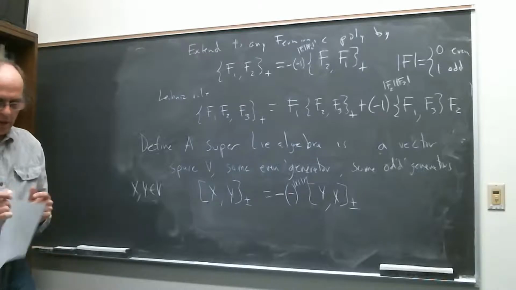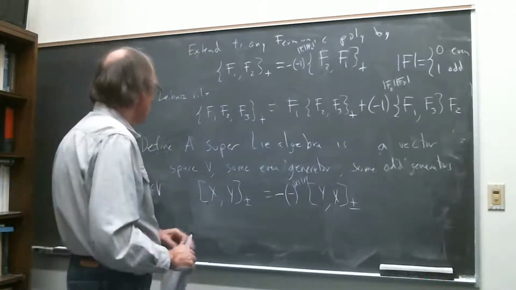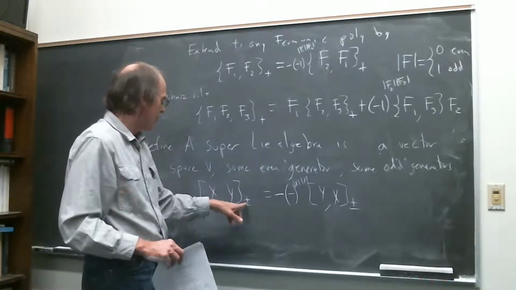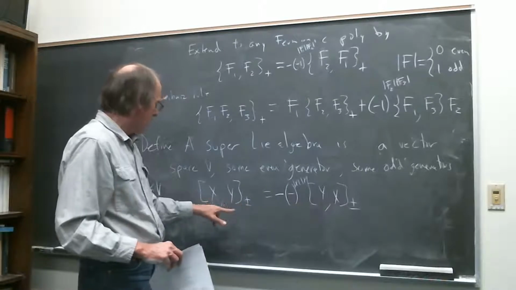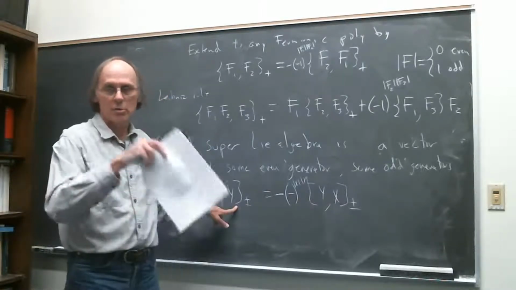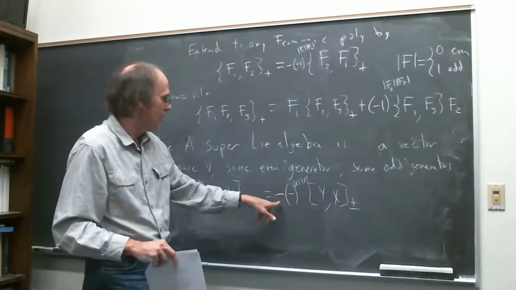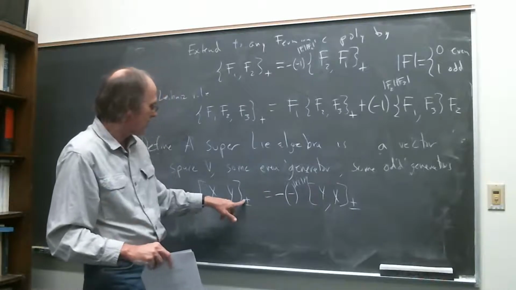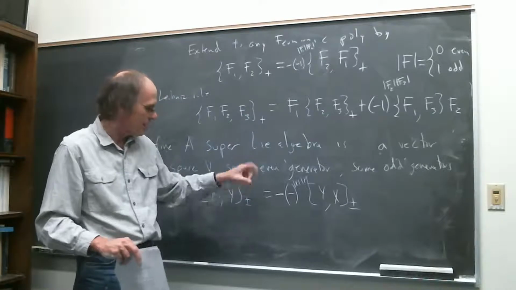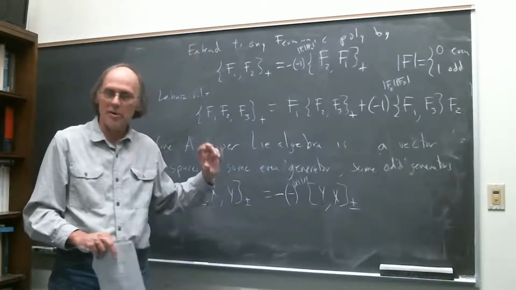And then we use the subscript plus or minus for the bracket. The plus or minus is just notation saying it's a bracket not in a Lie algebra but in a super Lie algebra. It's going to be a usual Lie bracket sometimes, and some of these things are going to be commuting, some of them anti-commuting.